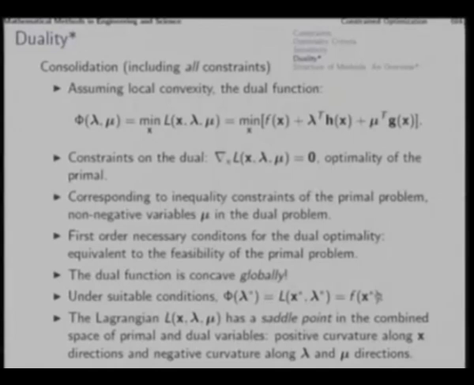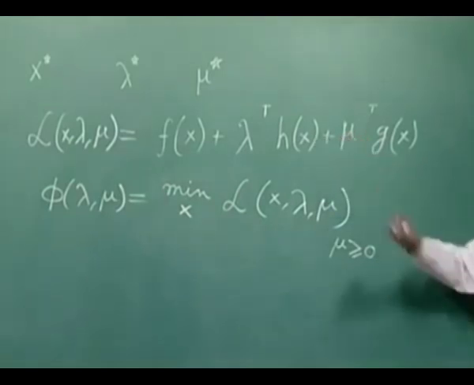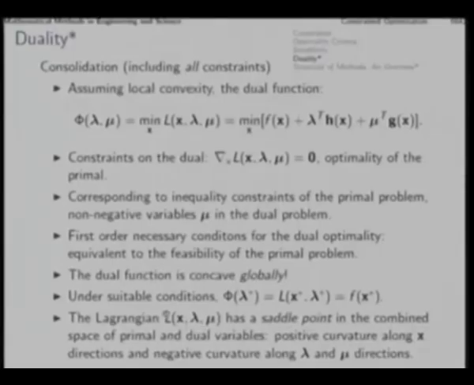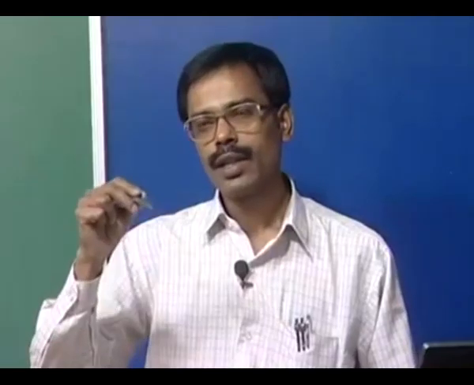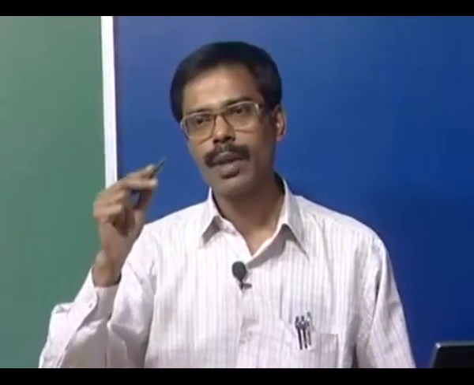And then what is the characteristic of this Lagrangian function? The Lagrangian function has a saddle point at x star lambda star mu star, because in the x variables that is a minimum point.